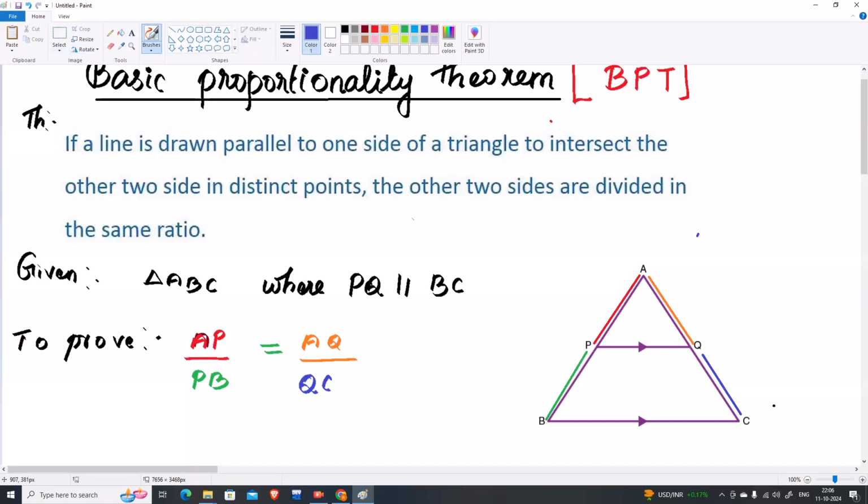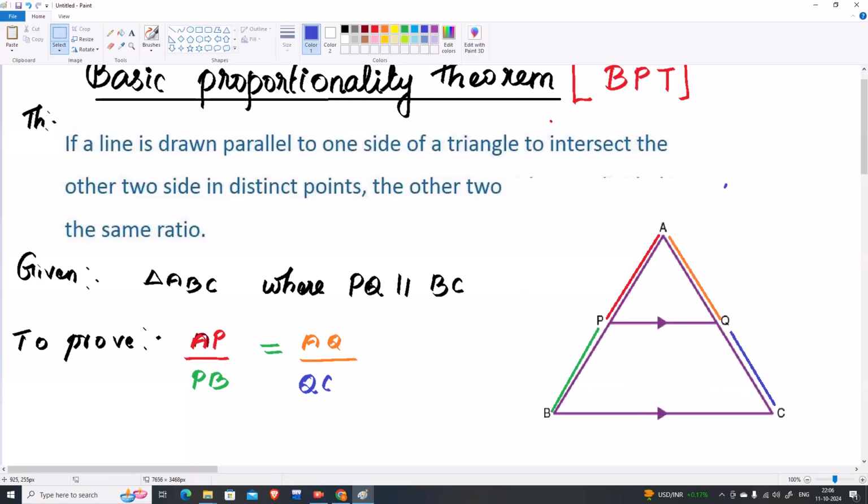You do not need to memorize the alphabets. Whatever letters are given in the figure, the same we can use to prove the theorem. So in the figure, the first part, AP by PB equals AQ by QC, is what we have to prove.